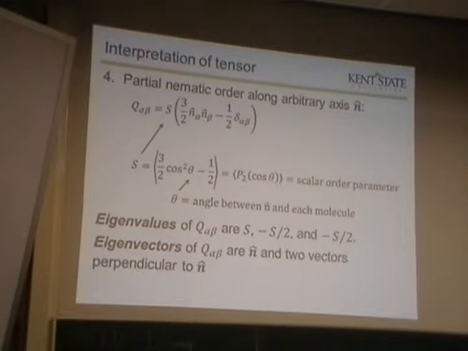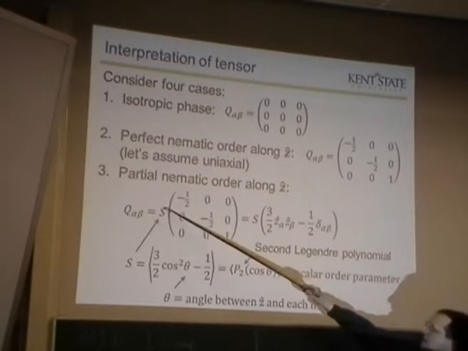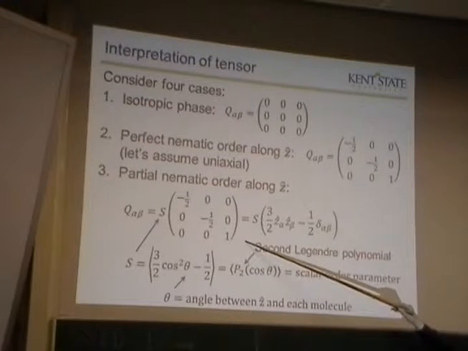With any tensor, a natural way of thinking about it is by diagonalizing the tensor. That is to calculate the eigenvalues and eigenvectors. And so for this tensor, we can see explicitly that the eigenvalues are S, minus S over 2, and minus S over 2. You could see it explicitly if you look at it in this diagonal form.